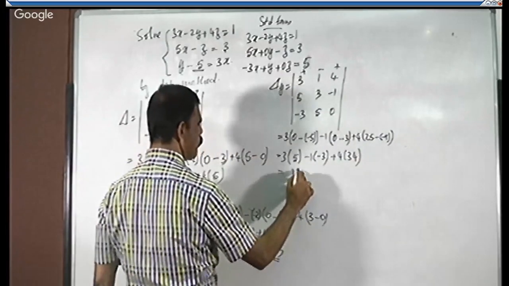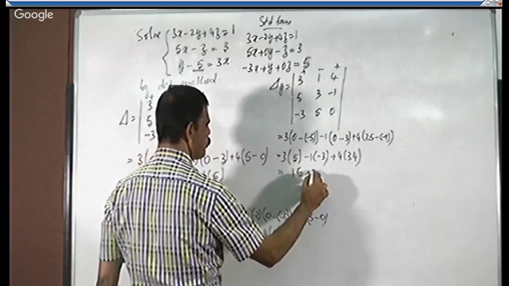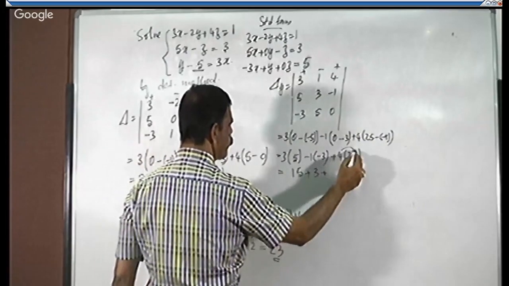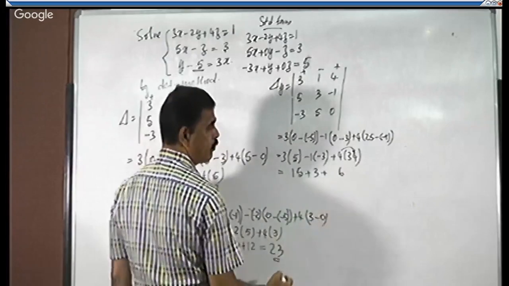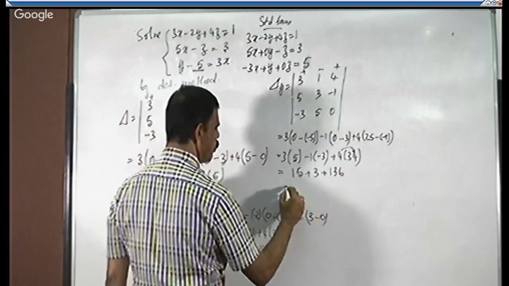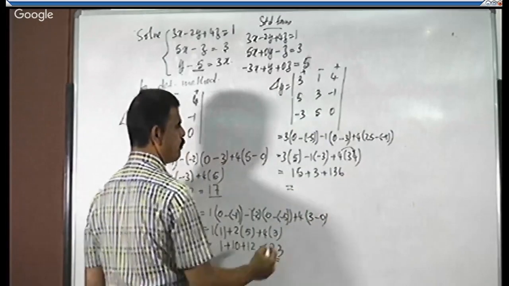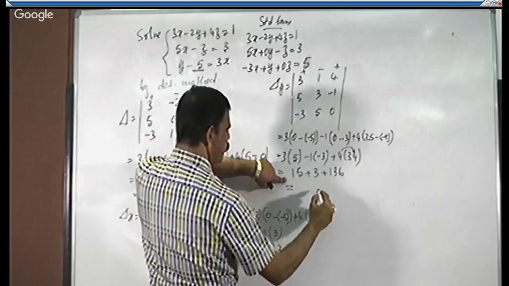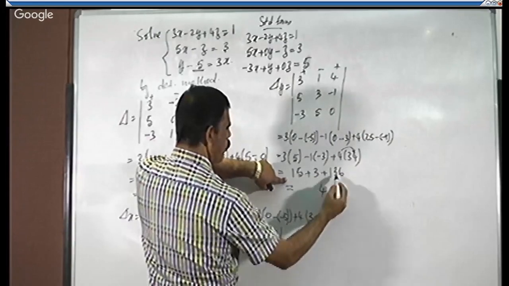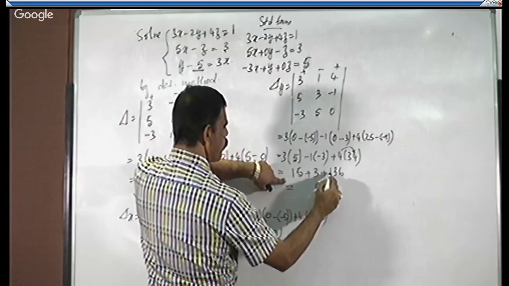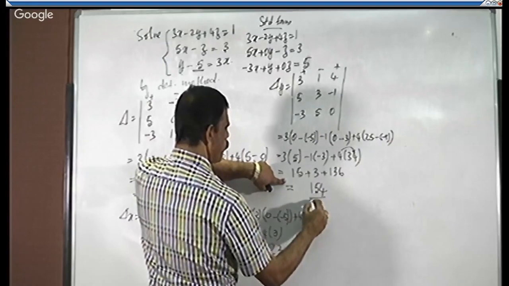Or 5 into 3, 15, minus into minus, plus 3 into 1, 3, plus into plus, plus 4 3s, 4 4s are 16, 1 carries, 4 into 3, 12. 12 plus 1 is 13. Finally, delta y will be 6 plus 3, 9, 9 plus 5, 14, 4, 4 plus 1, 5, 1, 154.